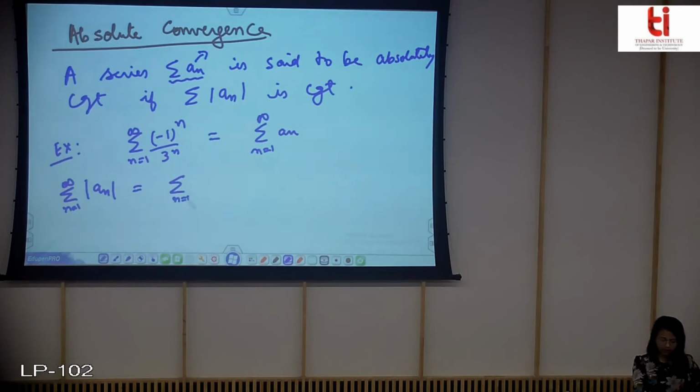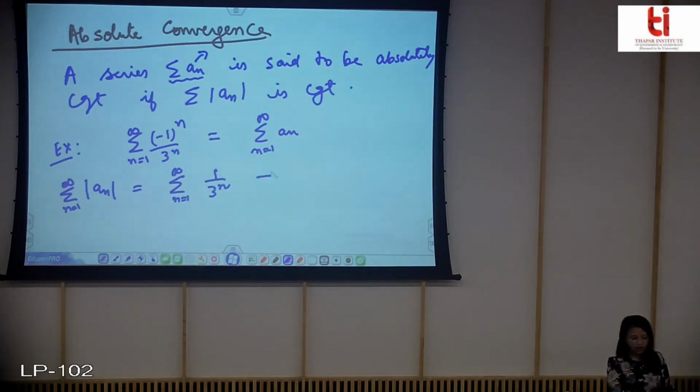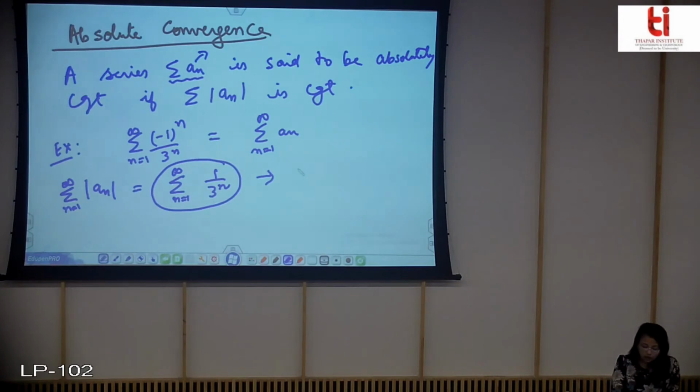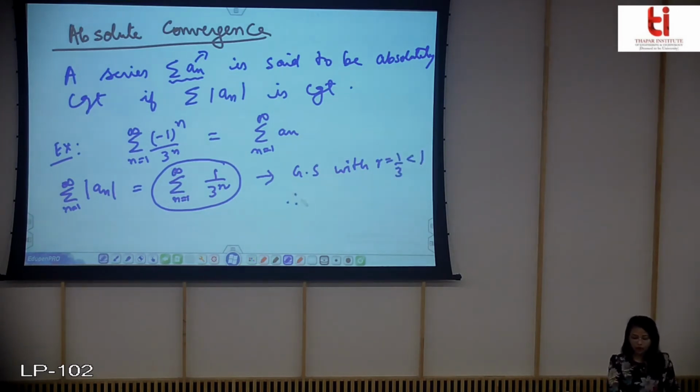I'll get this. And now this implies what? You can see that this is a geometric series with r equal to 1 by 3, which is less than 1, and therefore it is convergent.